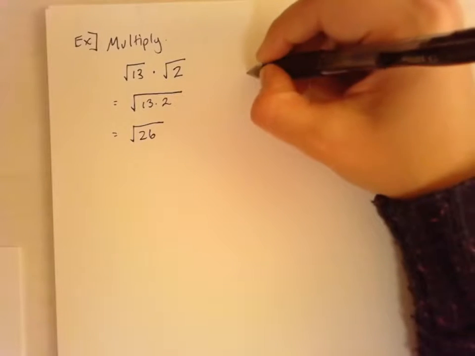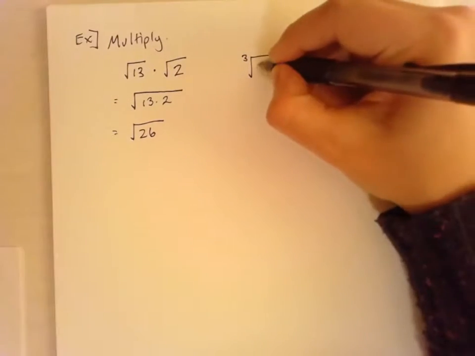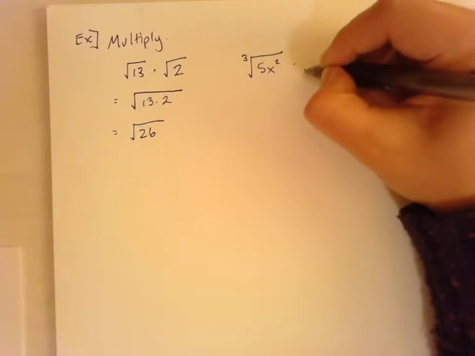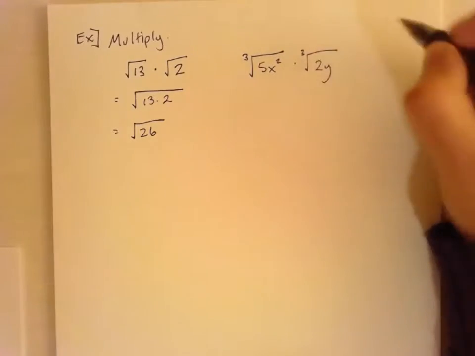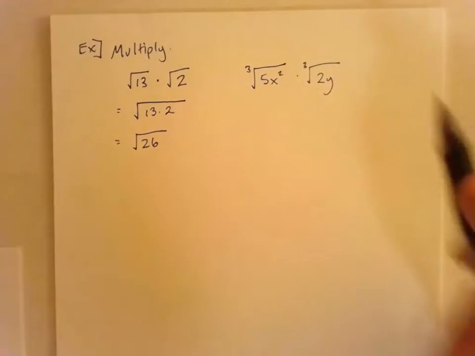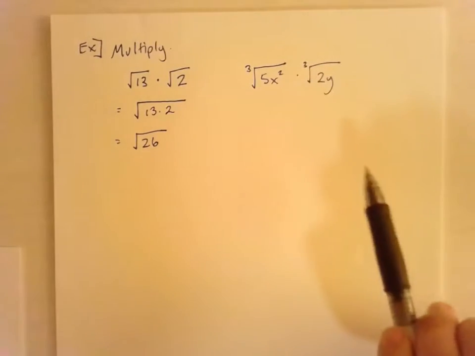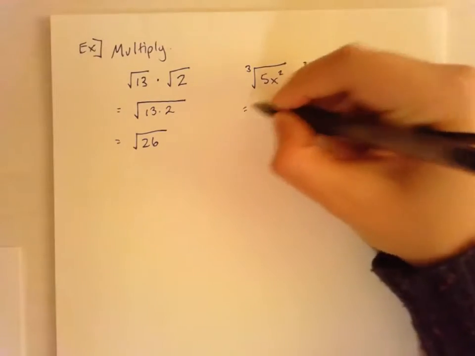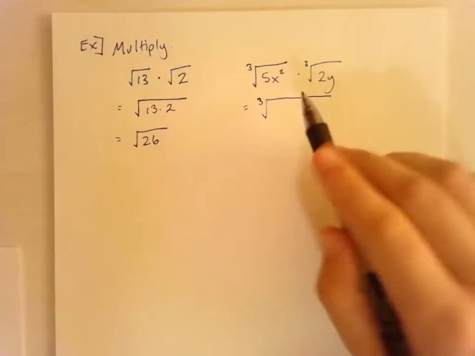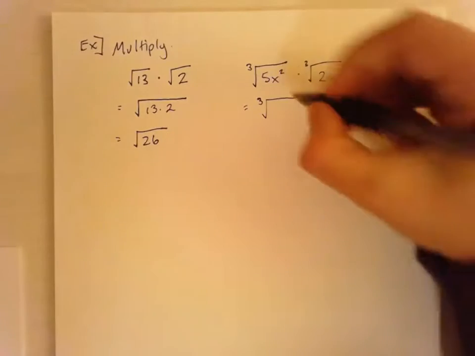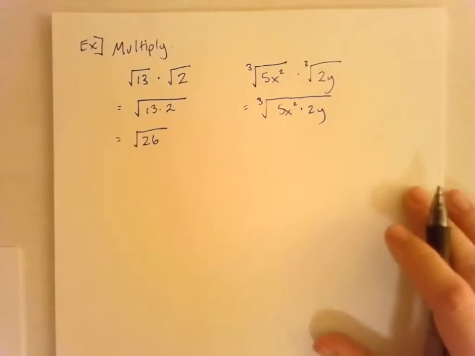One more for good measure, write this one down too. Let's say I had cube root of 5x squared times the cube root of, let's say, 2y. Again, I noticed that this is the same index, a cube root and a cube root, so I am allowed to do this. I am allowed to write one big cube root and multiply both of these inside: 5x squared times 2y.